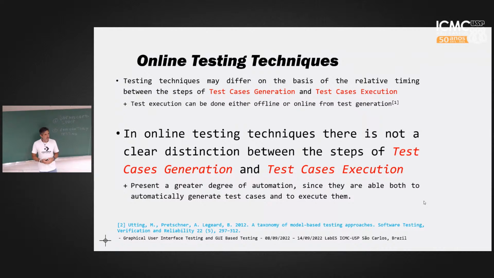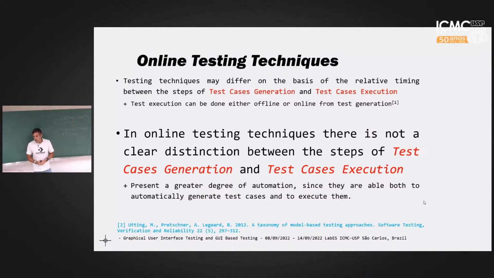We can help the tester, avoiding them to write test cases that, as we saw in the first block of slides on the first day, are actually code that should be developed by the tester. And we can avoid this activity, and model-based testing is one possible approach, or one possible methodology.